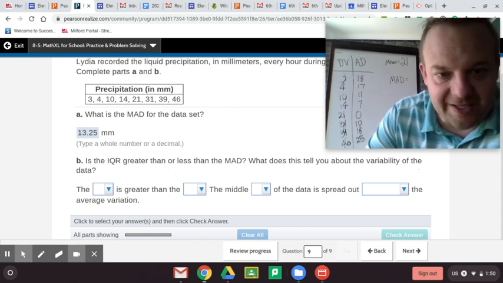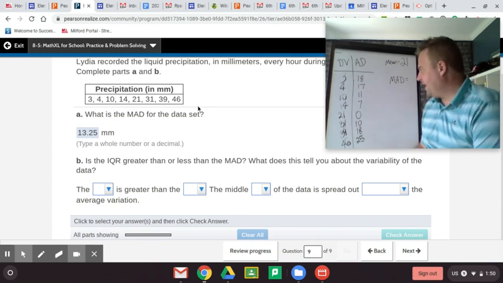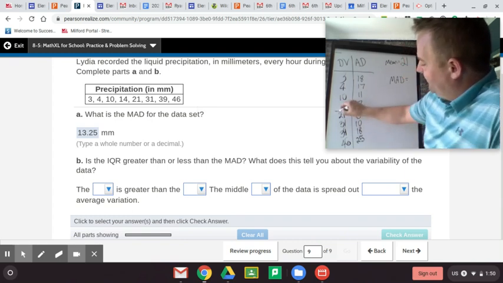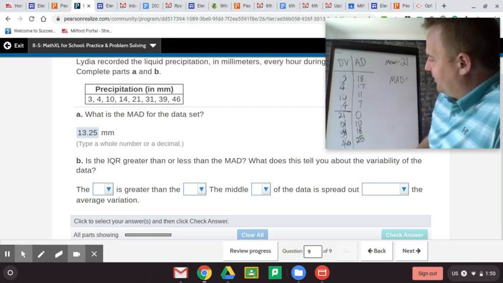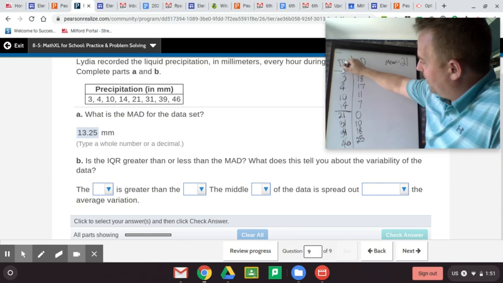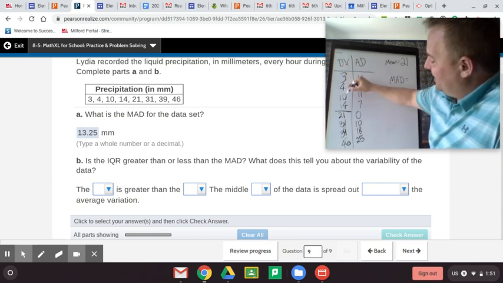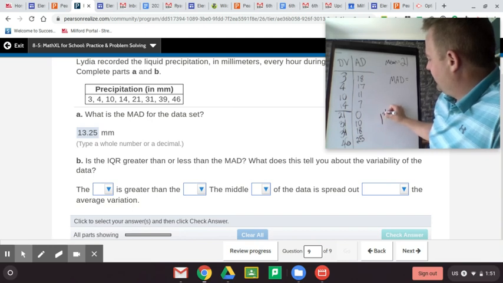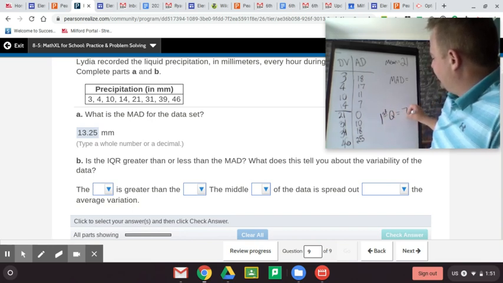So now I have to find the interquartile range. We have to put these in order from least to greatest. Oh, thank goodness they did it for us. Finally, we catch a break. There's the median in between 14 and 21. Now between these two here, you add them up and divide by 2. So 4 plus 10 is 14. Divided by 2 is 7. So the first quartile is equal to 7.